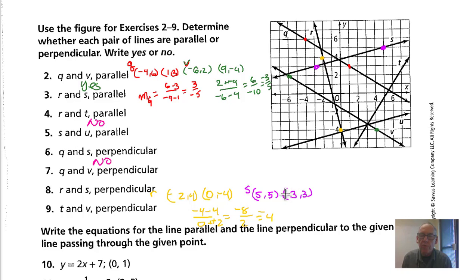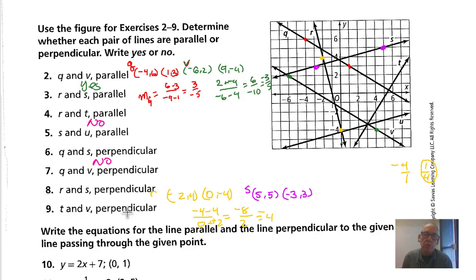Now if this one turns out to be a positive 1/4, they're going to be perpendicular, because that would be the negative reciprocal. So if I take negative 4, put it over 1, flip it upside down, and make it the opposite, I get 1/4. So negative 4 and 1/4 are going to give these slopes of perpendicular lines.